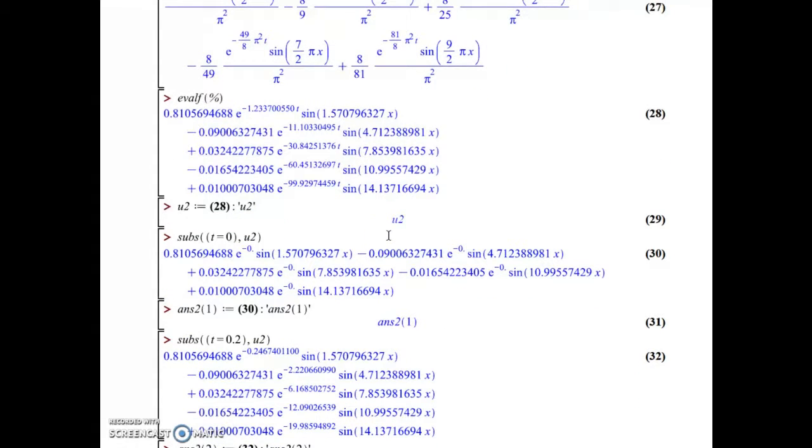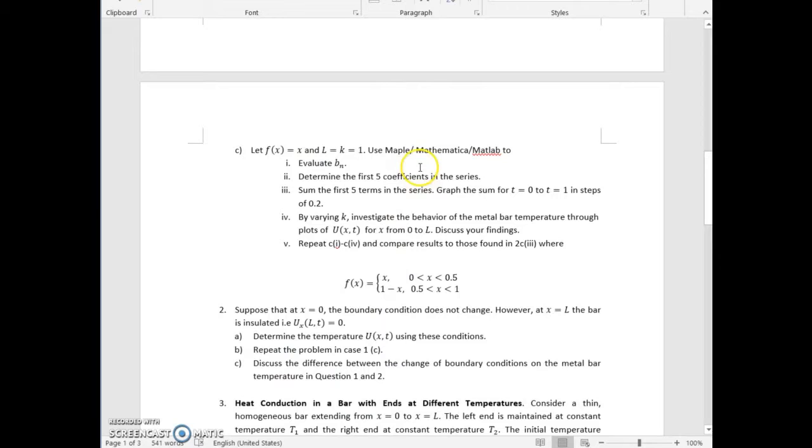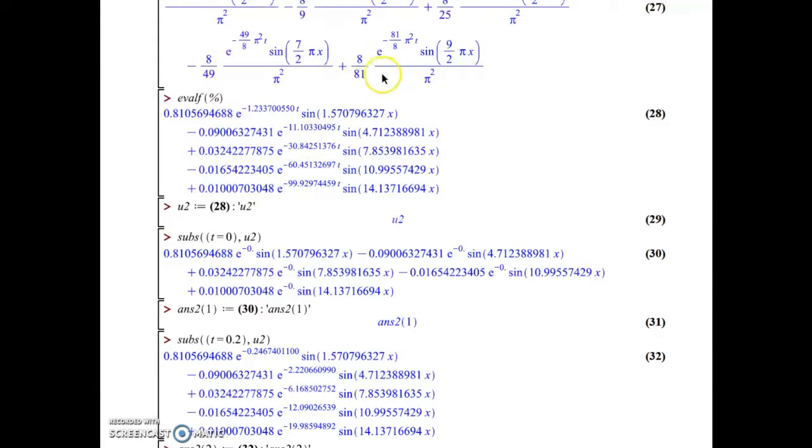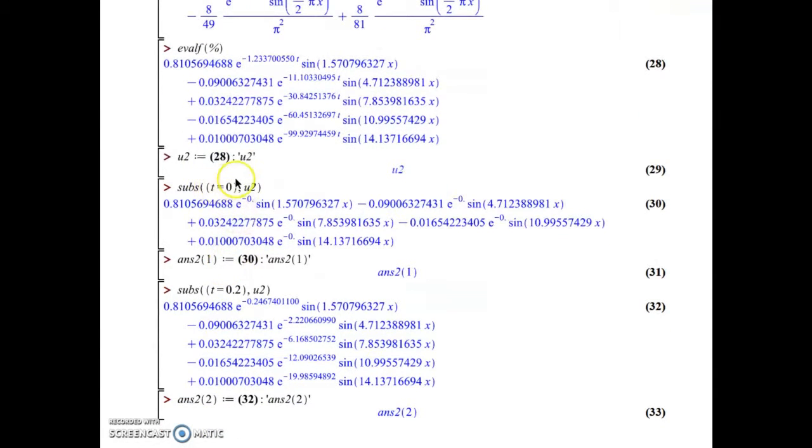Now I have this set of values, so I can start to substitute my t value from 0 to 1, as the question mentioned, in steps of 0.2. First, we substitute t equals to 0 into U2, so we get this set of values.